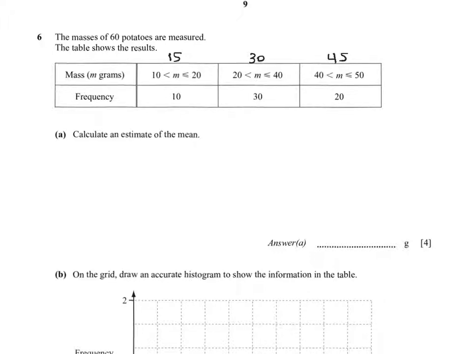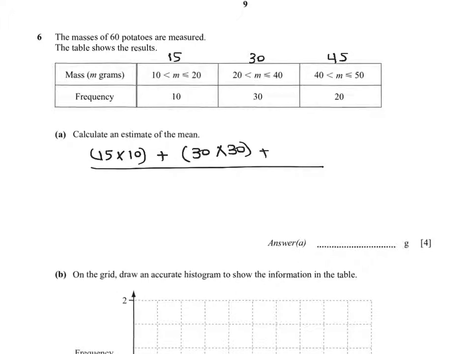After you find the center for each group, how to find the mean? The mean is sum divided by number. So, how to find the sum? The first group is center 15 and repeated 10 times, so 15 times 10. The same for the second group: center 30 and repeated 30 times, so 30 times 30.